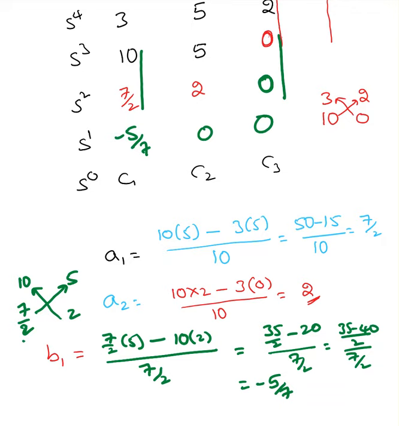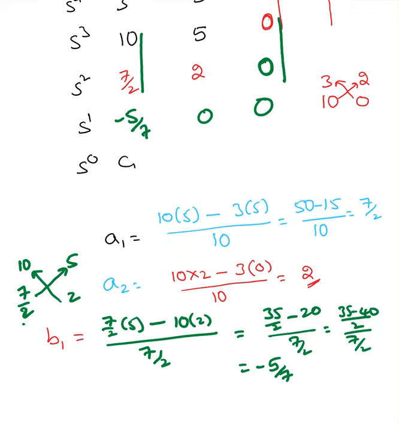Now I'm sure C2 is not going to exist. It's going to be only C1. So let's find C1. I'm going to use blue here. To find C1, take the above 2 rows, which are these two. Make these 4 elements a matrix: multiply these two minus multiply these two, divided by this.